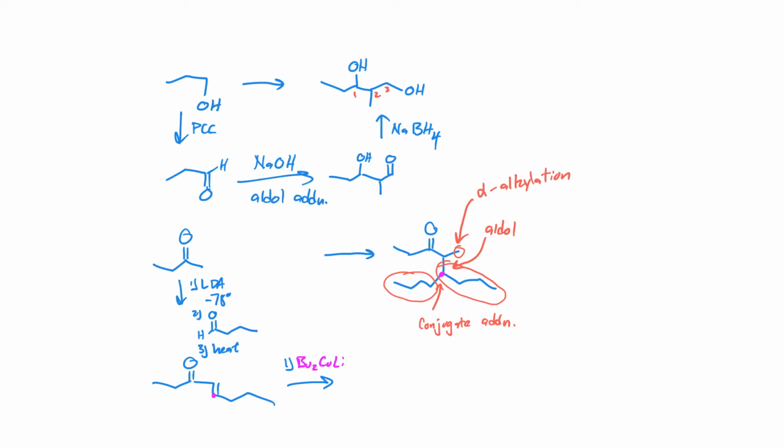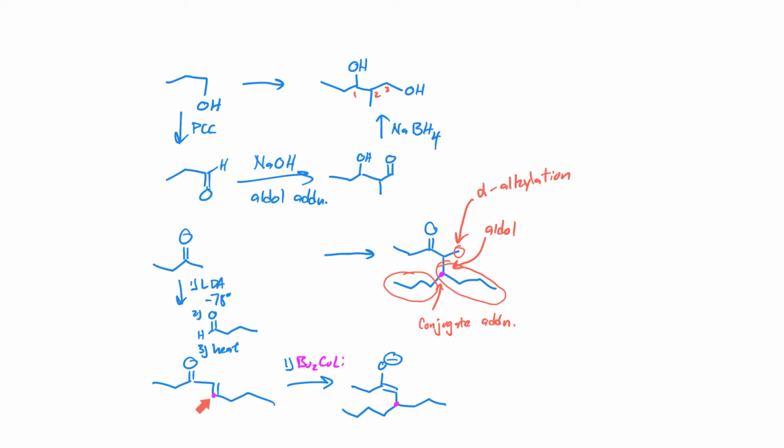And that's going to give me, let's just look at what that intermediate is before we do anything else at least. By this point, you know that the intermediate in a conjugate addition at the purple dotted carbon will leave us with this enolate, right?